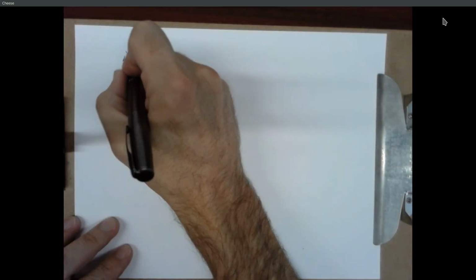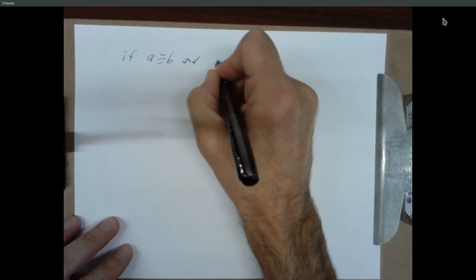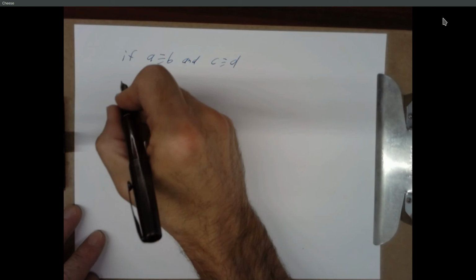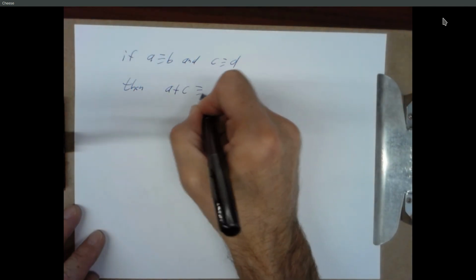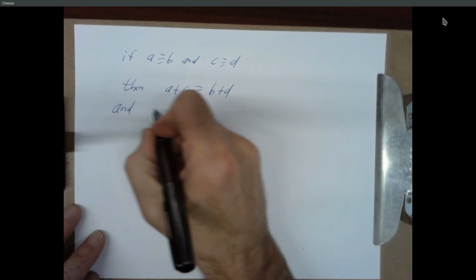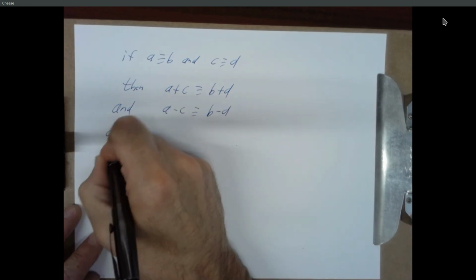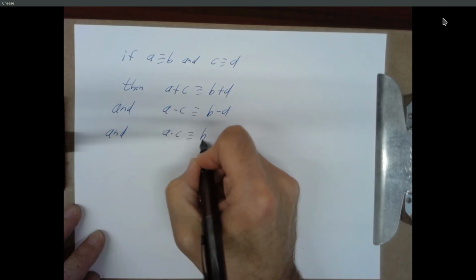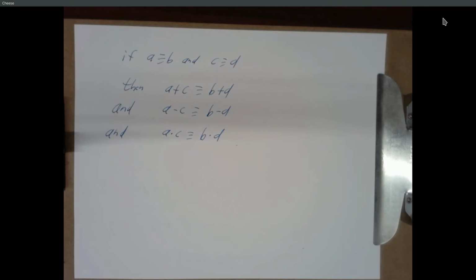All right, so here's what this means. If A is congruent to B and C is congruent to D, then A plus C is congruent to B plus D, and A minus C is congruent to B minus D, and A times C is congruent to B times D. So if all we're interested in is the remainder when you divide something by 17, and we have a bunch of numbers we want to multiply, we don't need to multiply all those numbers together first.